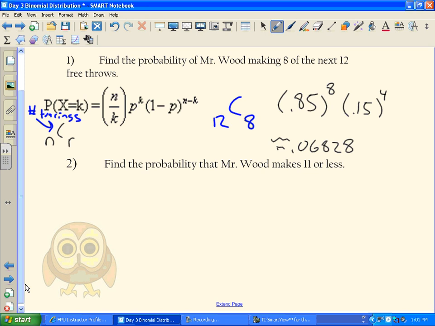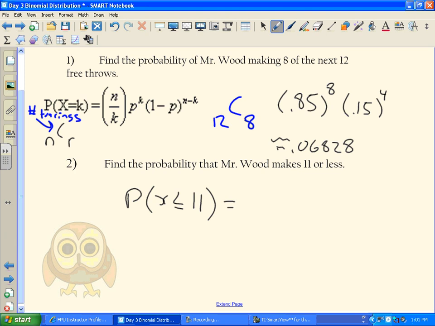Why don't I just tell you? No, this is a class where I know how to do stuff, but I'd rather challenge you to think on how to do it because that's what you're going to do in the AP exam. We need the probability that x is less than or equal to 11. Do we agree with that? Yes. How many free throws did I attempt? 12.